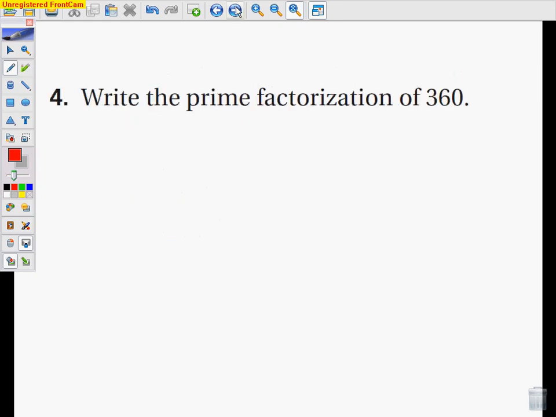All right, number 4. This says write the prime factorization of 360. The way that I start these problems off is I make a factor tree. Pick two numbers that multiply together to give you 360, such as 60 times 6.